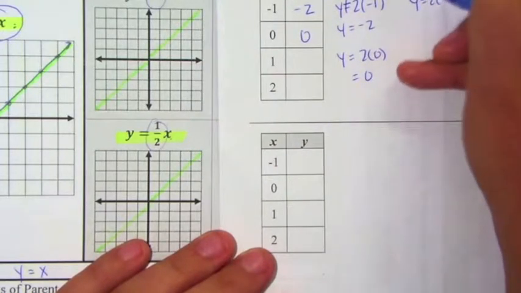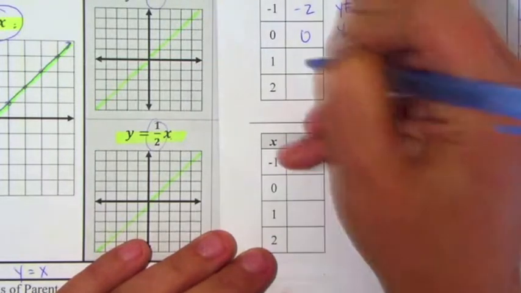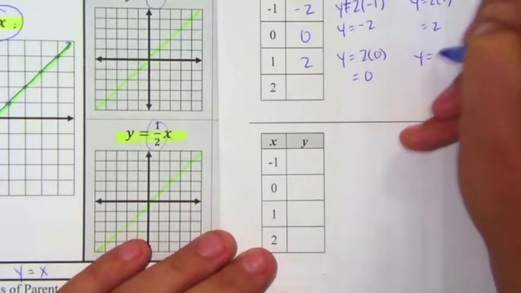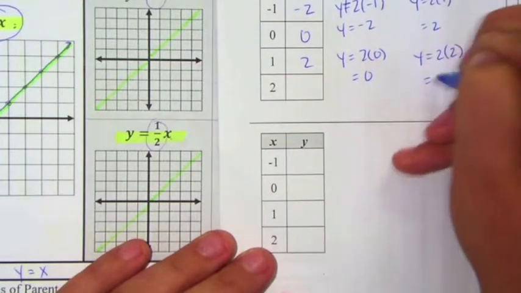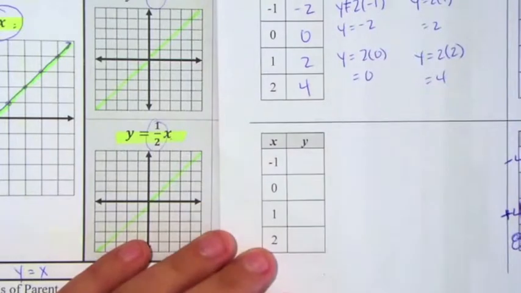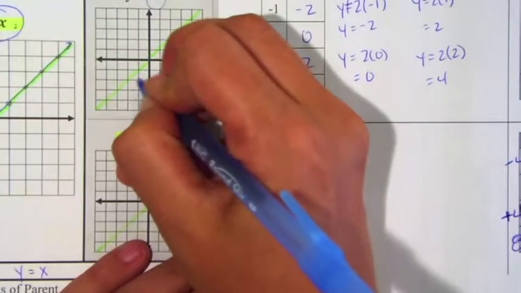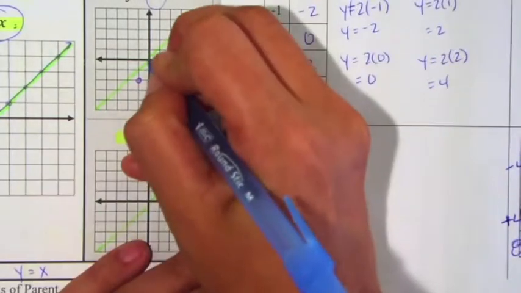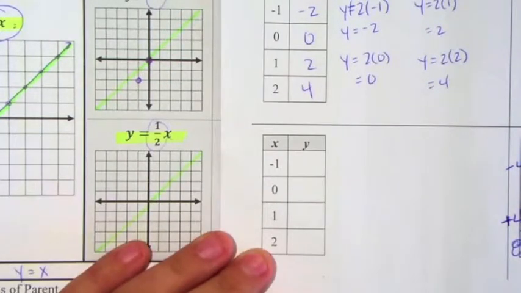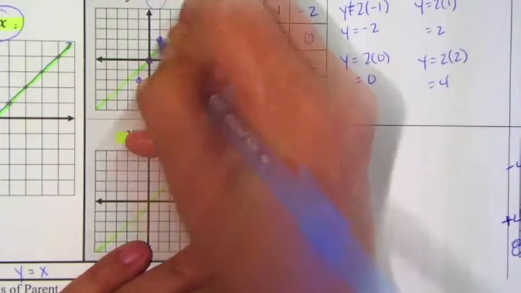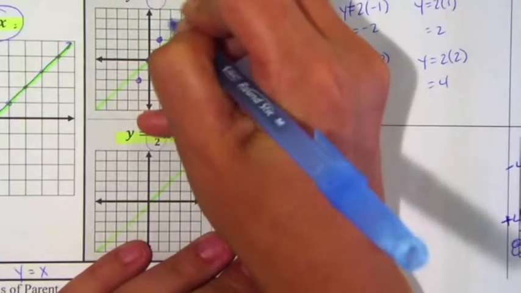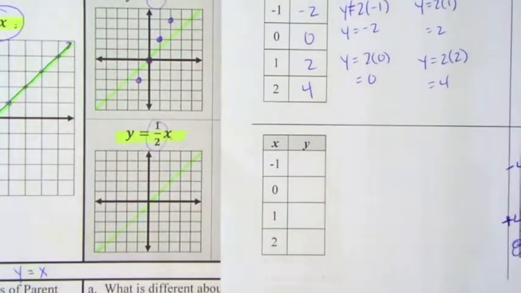Y equals 2 times 1, which is 2, and then substitute in 2, and you get 4. So our graph becomes -1, -2, 0, 0, 1, 2, and 2, 4.